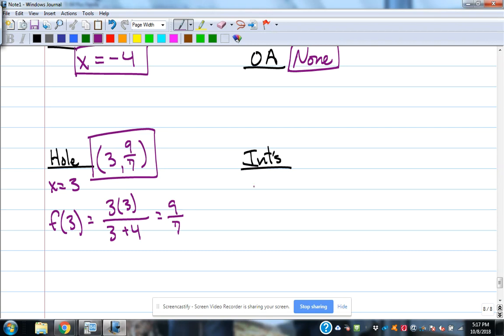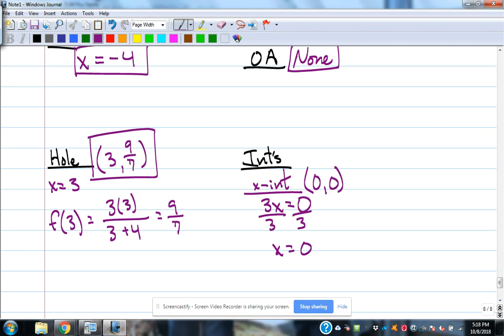Intercepts. Get the x-intercept first. What's the shortcut for getting x-intercepts? What part of the problem do you set equal to 0? Just the numerator. And this one's really easy because you just got 3x. So x is 0. So we have an x-intercept at 0, 0.